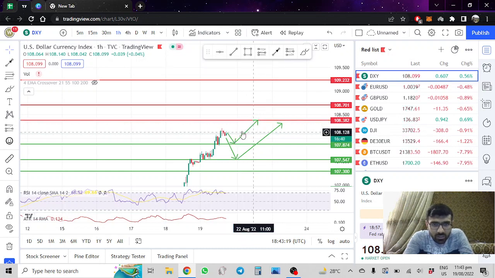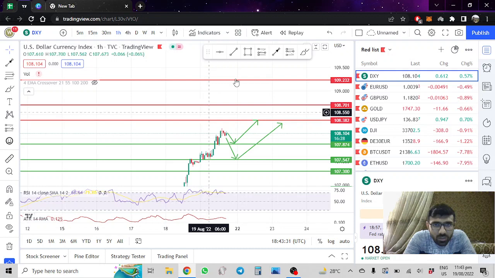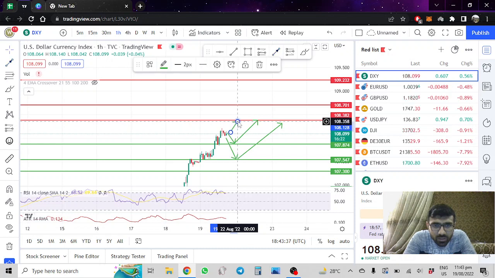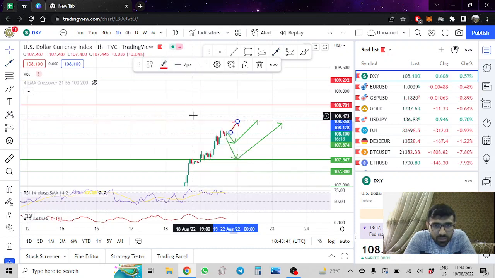And if the market decides to go down, a possible area where we are going to be looking to short would be somewhere around here, like this. Let me change its color to red so you guys can know that this is a short scenario.